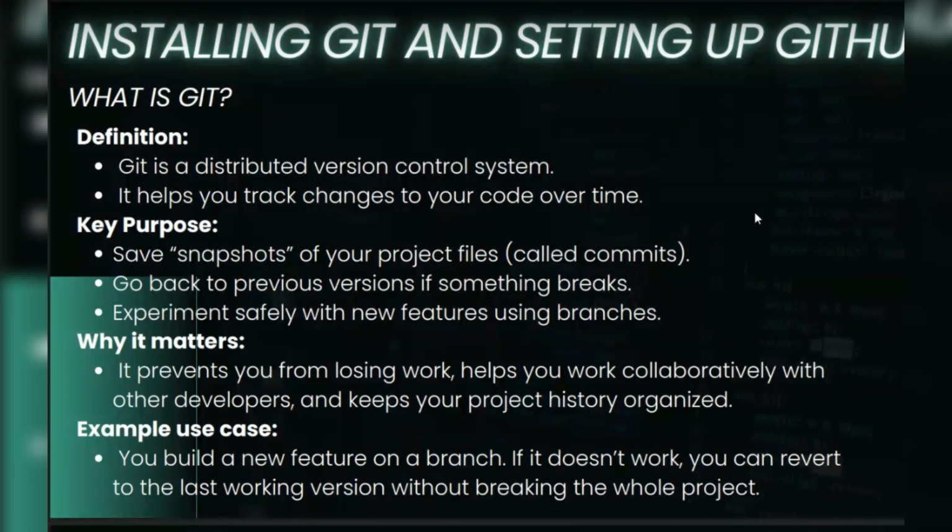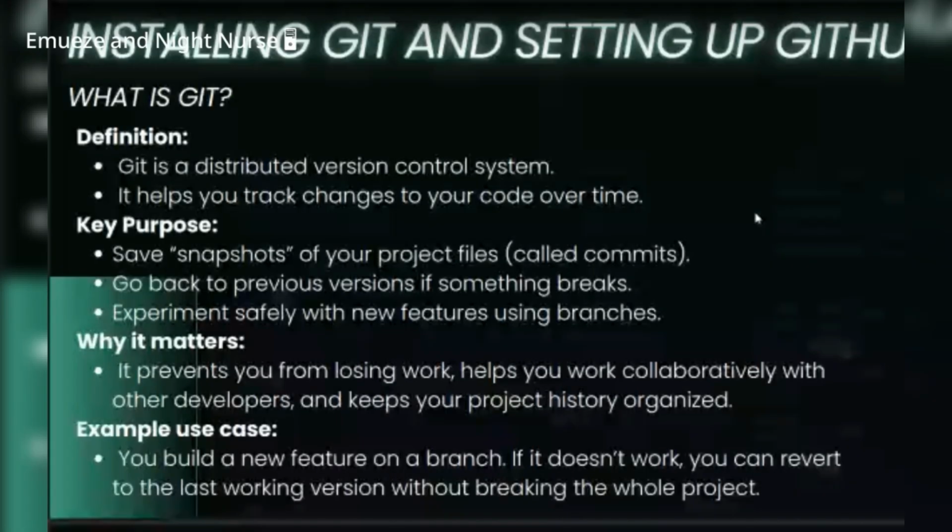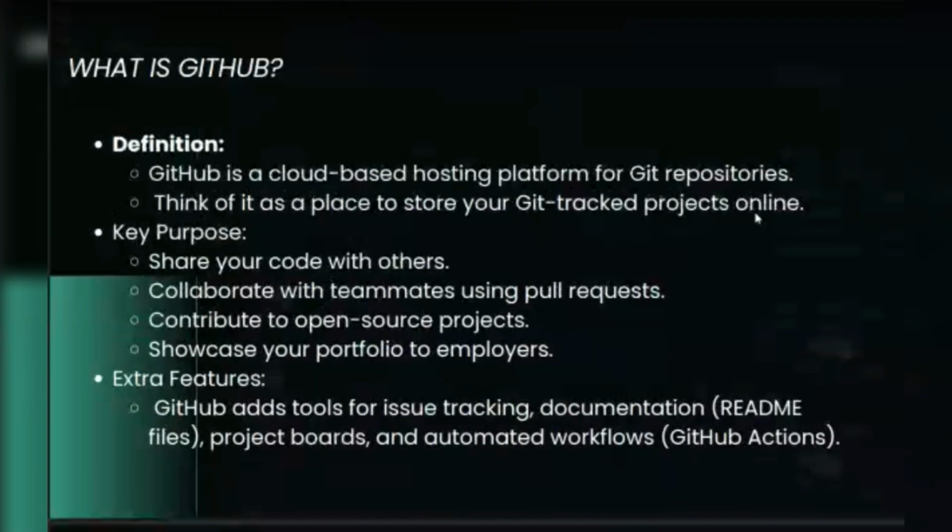Other developers can see what you've done and can add to your code, and you can also add to other developers' work, and it keeps your project history organized. Now, example use cases: you build a new feature, just like I said, on a branch. If it doesn't work, you can revert to the last working version without breaking the whole project.